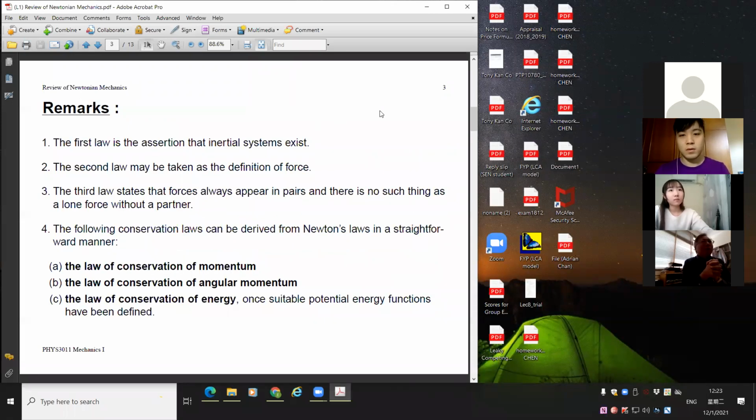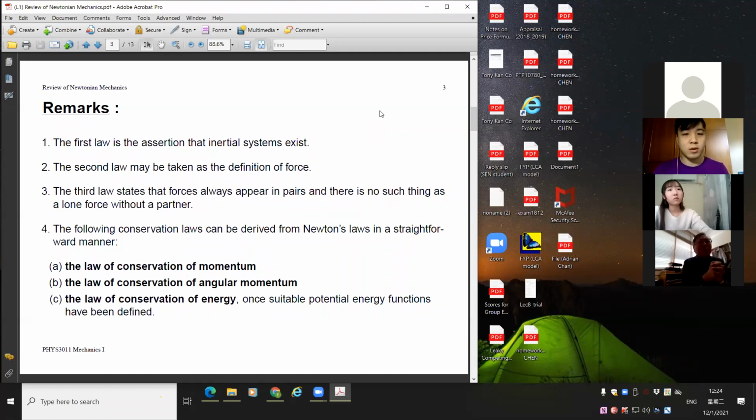Now, here are some remarks about these 3 laws. The first law is the assertion that inertial systems exist. If they don't exist, then it has no meaning at all, right? The first law and the second law can be considered to give a definition of force.